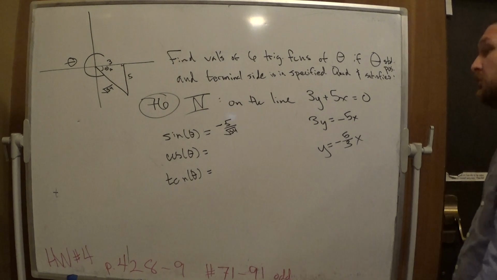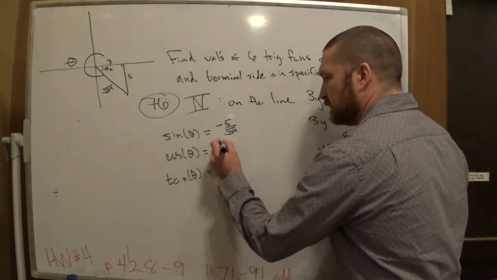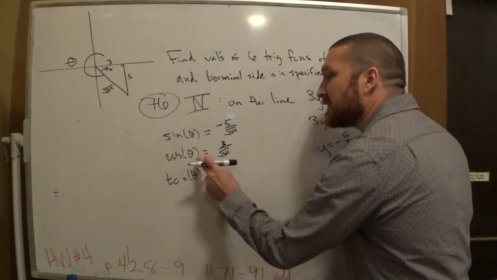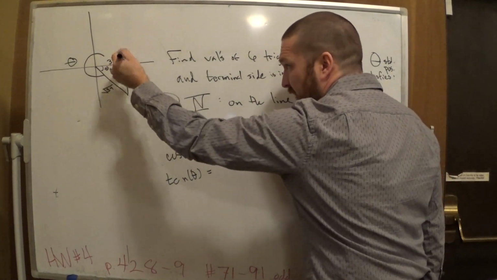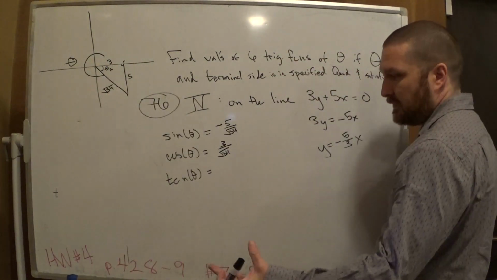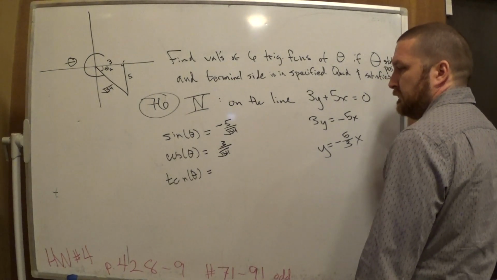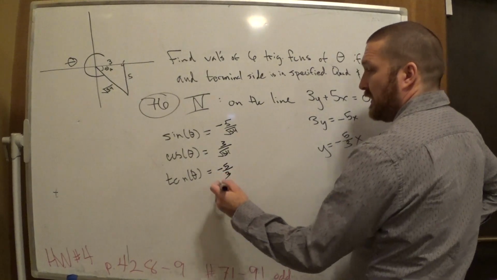Over here, your x's are always positive, so your cosines should always be positive. So what's cosine? 3 over root 34. Positive. It is positive because the cosine corresponds to the x, or you could just look right there and say, yes, that's a positive 3. What about tangent? Negative 5 over positive 3.